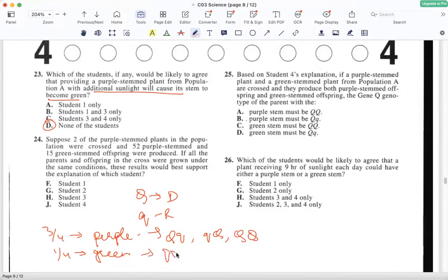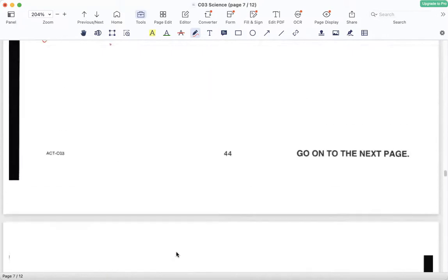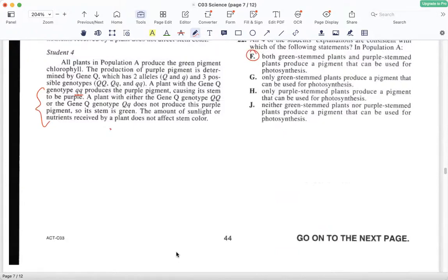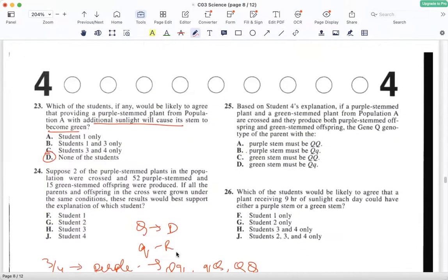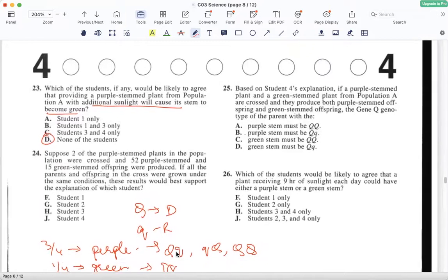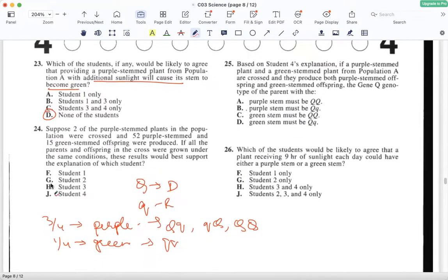And this is only when it's this. So causing a plant with either this or this does not produce this purple. Okay. And a plant, so its stem is green, right? So green is the smaller, so it will be student 3.